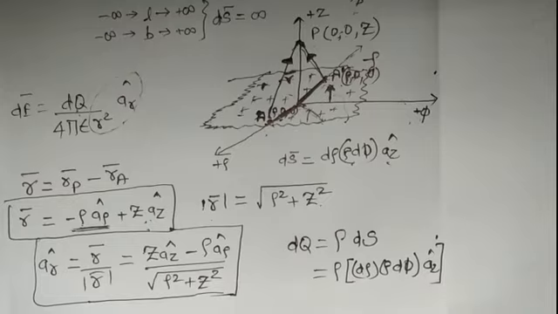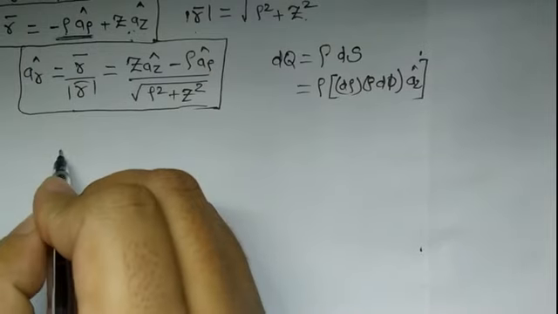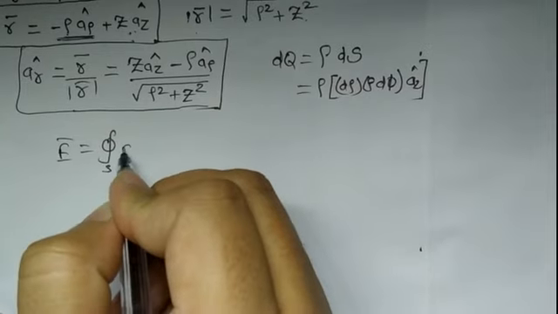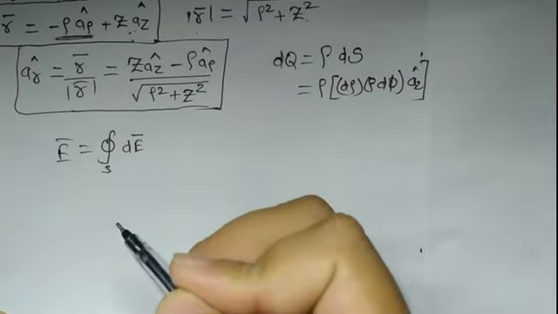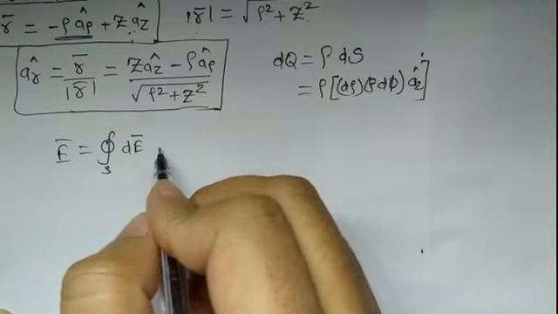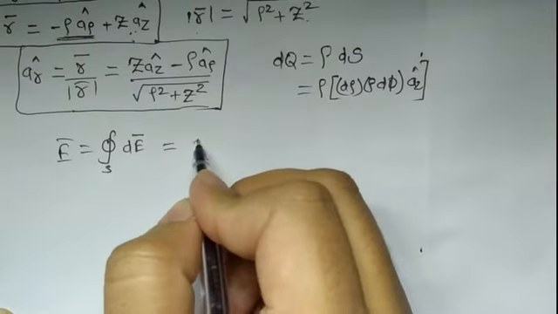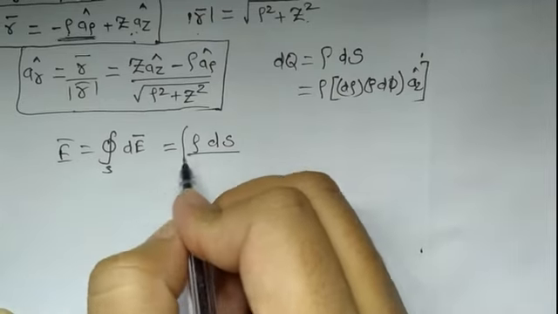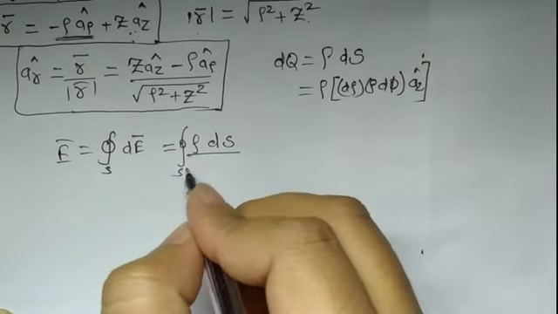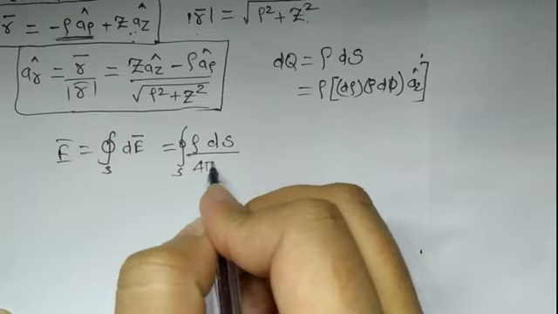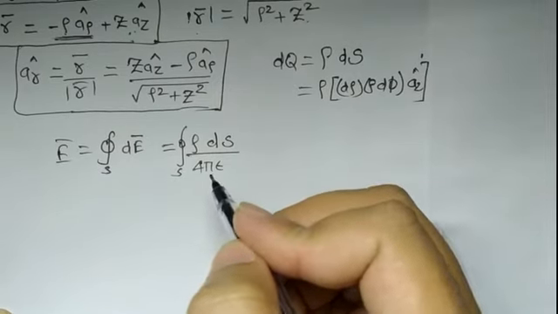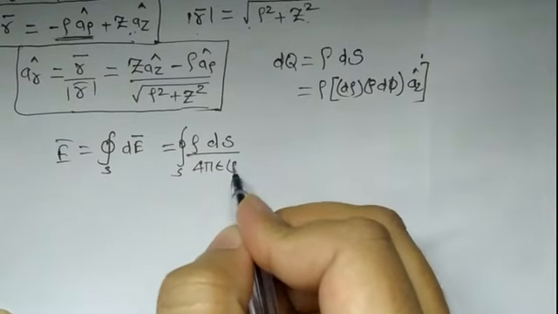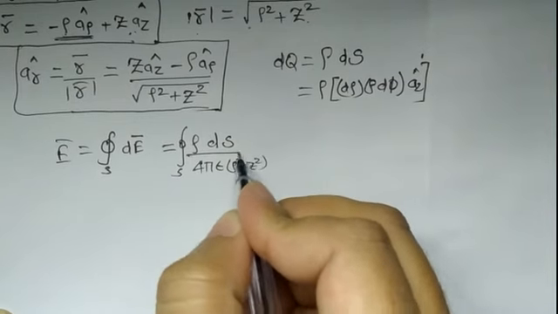So E bar will be equal to the surface integral of dE bar, which equals the surface integral of rho s into ds divided by 4 pi epsilon r square into a R cap. Here r square means rho square plus z square.